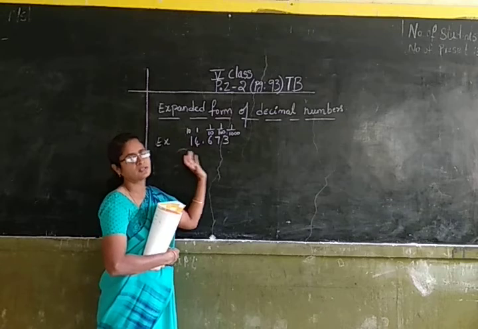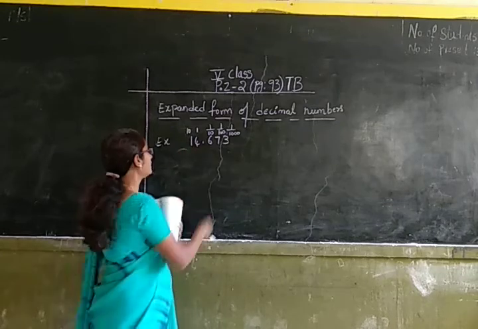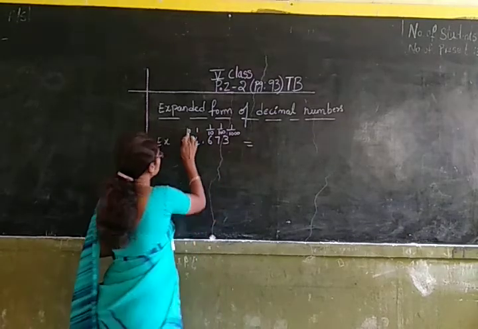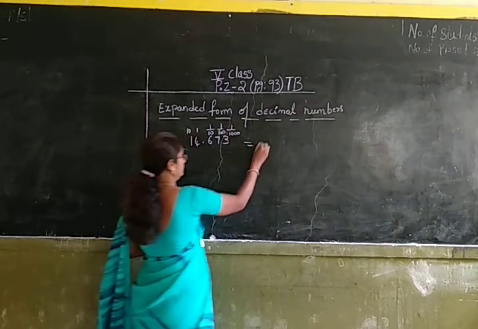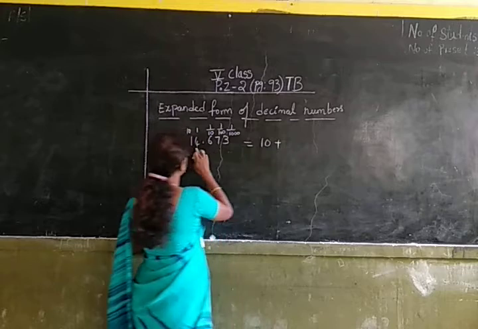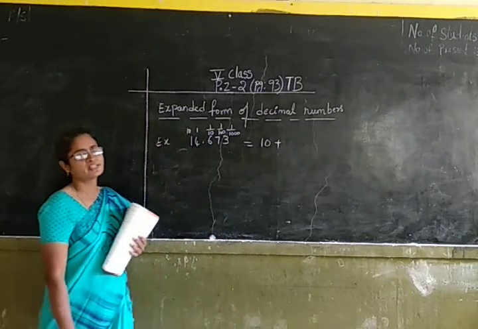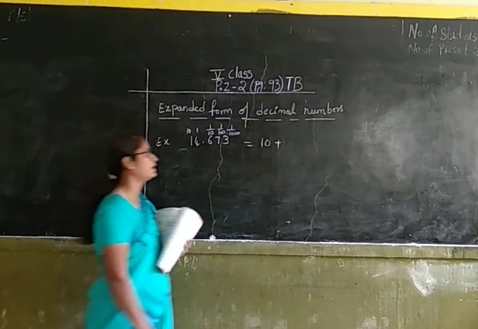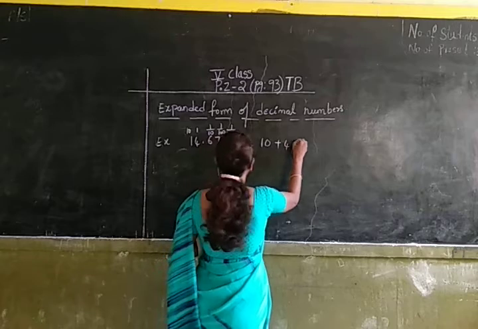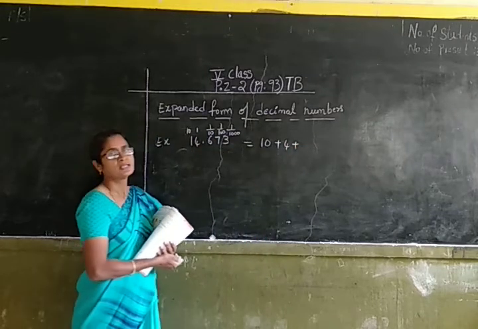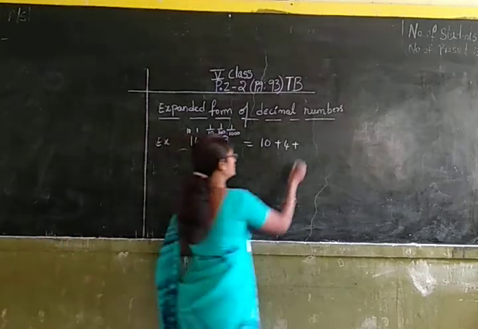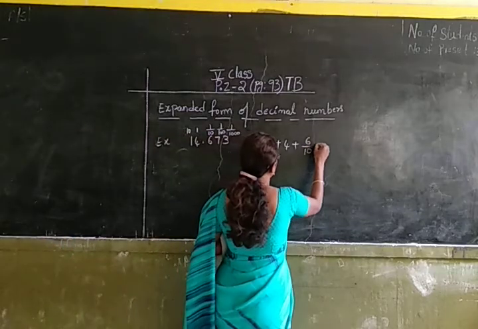Now let us write down the place value of each digit in the number. 1 is in tens place, so its place value is 1 into 10, 10. Similarly, 4 is in ones place, so its place value is 4 into 1, 4. Plus 6 is in tenths place, so its place value is 6 into 1 by 10, which is 6 by 10.